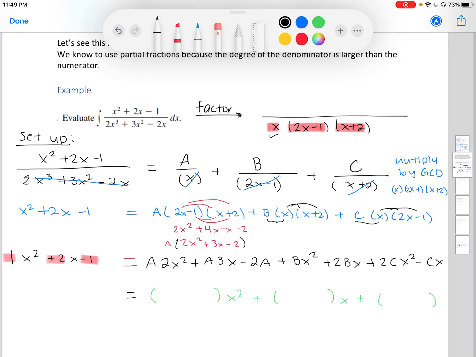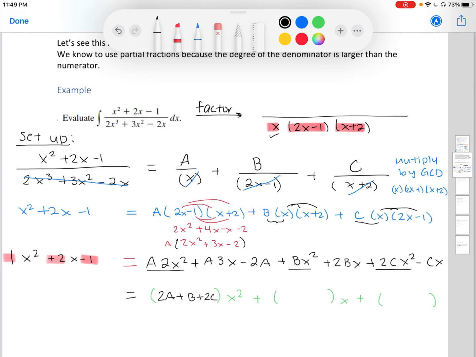So we see that we have A times 2, so we're going to write 2A. We also have a Bx squared, so plus B. And we also have a positive 2C, so plus 2C.